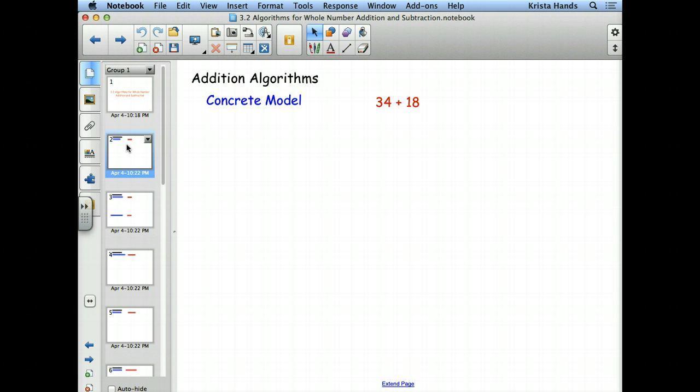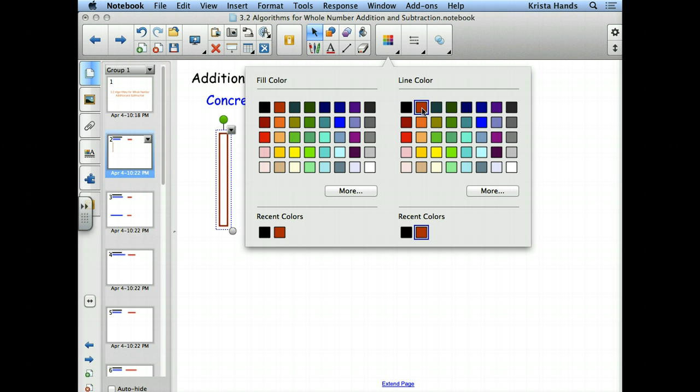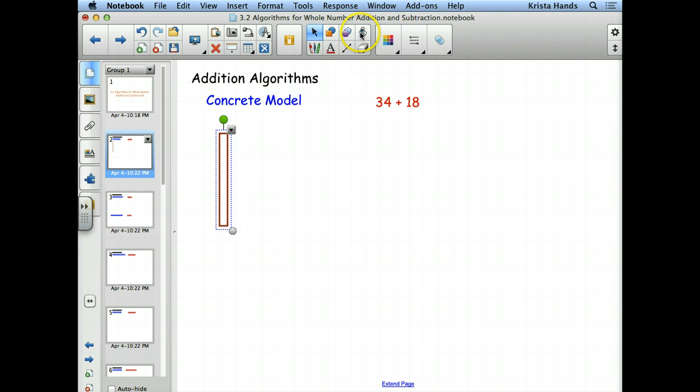Do you remember what the different objects look like? For instance, if I were to draw 34 with base 10 blocks, what would it look like? Three of what we call longs, and then four of the little bitty squares, the units. So we're going to draw 3 longs. And just because we had them in red before, I'll fill them in red. That wasn't what I wanted to do, let's try again.